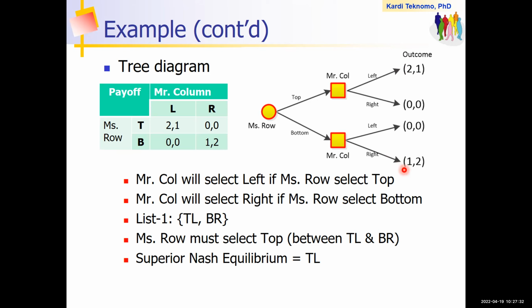This is 2, this is 1, right? So in that case, TL is superior compared to BR. Can you see it? So then the superior Nash equilibrium here is TL, that is top left.